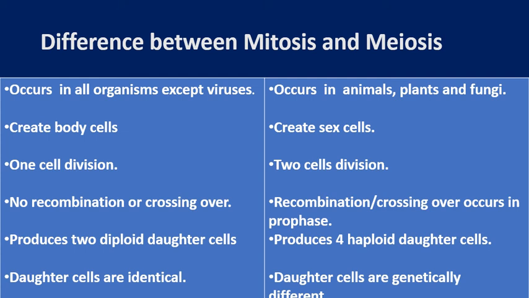In mitosis only one cell division takes place: prophase, metaphase, anaphase, telophase. But in meiosis two cell divisions take place, first meiosis 1 and the other meiosis 2. In mitosis no recombination or crossing over takes place, and there is no transmission of genes or characters, but in meiosis recombination or crossing over occurs in prophase.